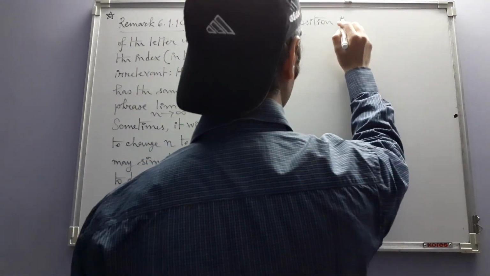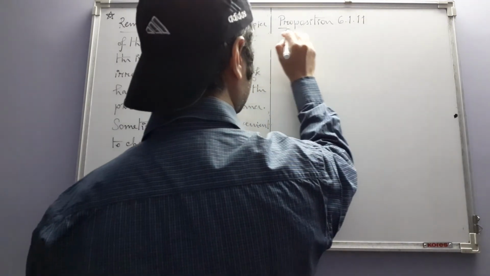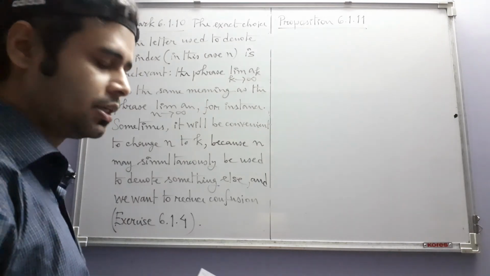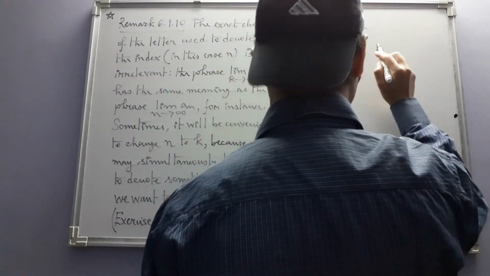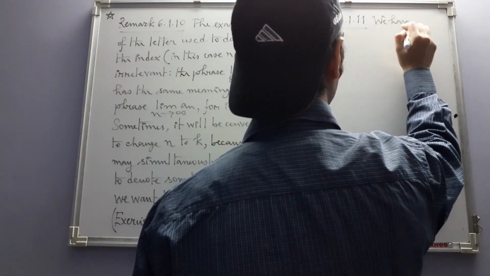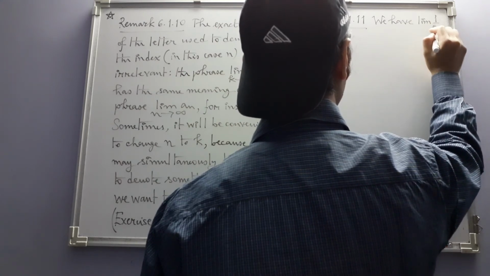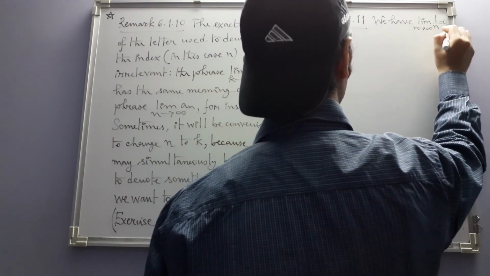Proposition 6.1.11. We now know what limits of sequences are, and we now know what convergent sequences are. So this is one limit. The limit of 1 over n as n approaches infinity is 0.